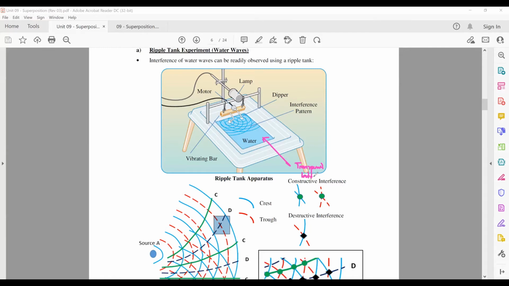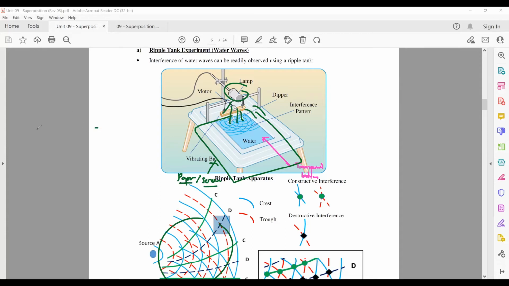So what you do is that you will put a piece of paper or screen below the container, and then you will use a lamp to shine onto the pool of water. So when light is shone onto that water, which has an interference pattern, it will form a shadow pattern on the paper or screen below.